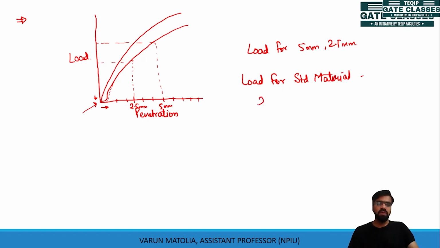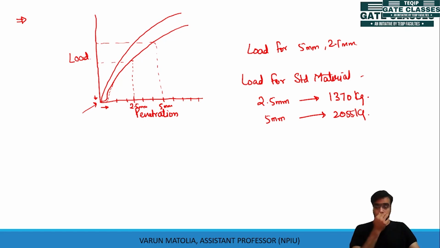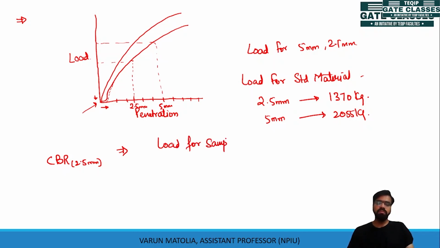For standard material, for 2.5 mm settlement, the load value is 1370 kilograms, and for 5 mm settlement, the load value is 2055 kilograms. So the CBR value is calculated. CBR value for 2.5 mm settlement is calculated as load for sample divided by 1370 kilograms.